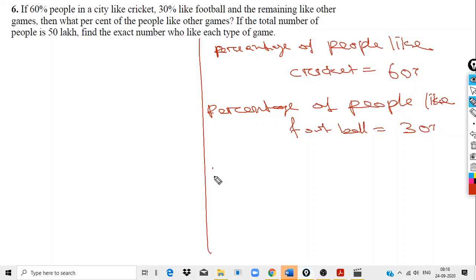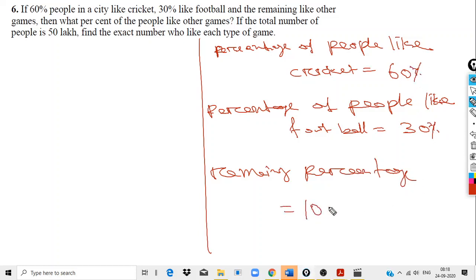So the remaining percentage is equal to the total, you know that is 100%, 100 minus this 60 plus 30. 60 plus 30 is 90, so 100 minus 90 is equal to 10.